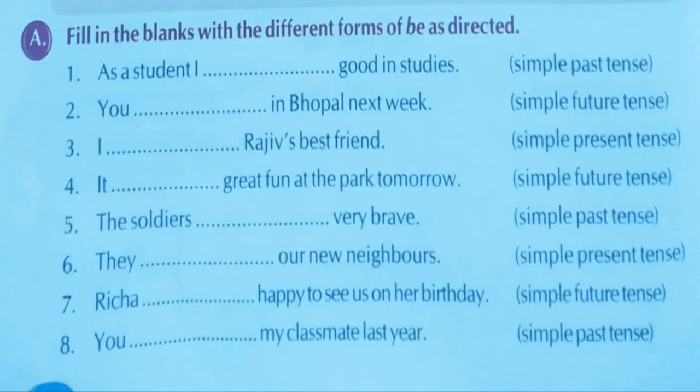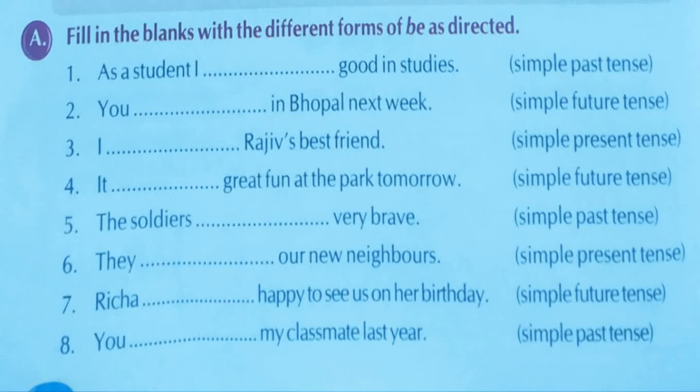Now, let's come to the exercises. Fill in the blanks with the different forms of be as directed. Directed means what? In the bracket it's given, number 1, simple past. In the simple past tense, so what will you use? As a student, I, what is the subject? I. So what do we use with I? Am, isn't it? I am good in studies.